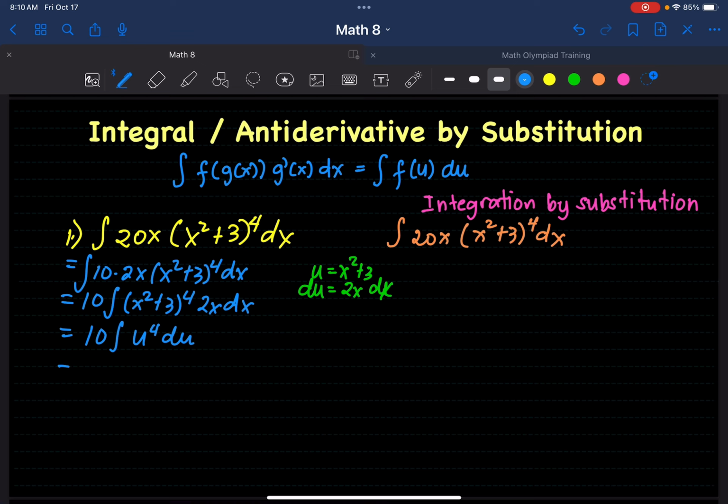And let's apply now the power rule in integration. And this will become u raised to 5. We add 1 to the exponent and divide that also to the denominator. So u raised to 5 divided by 5 plus c. And simplify, then substitute u by the original value x squared plus 3.